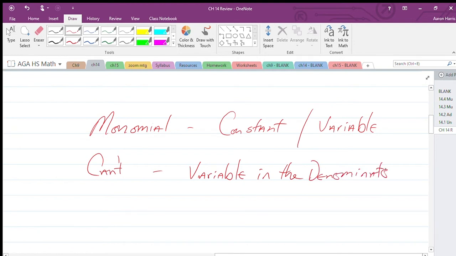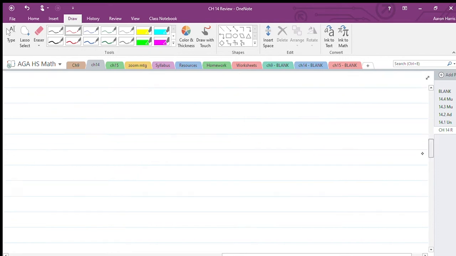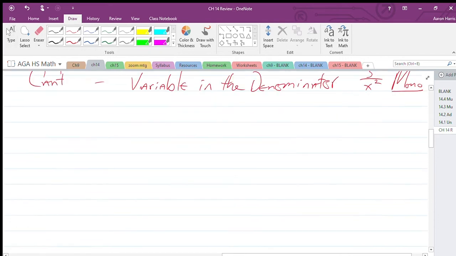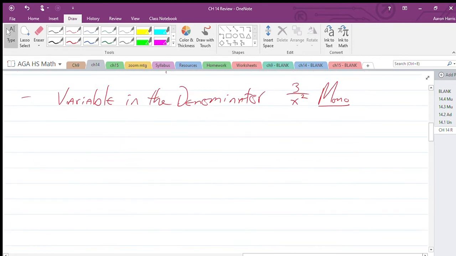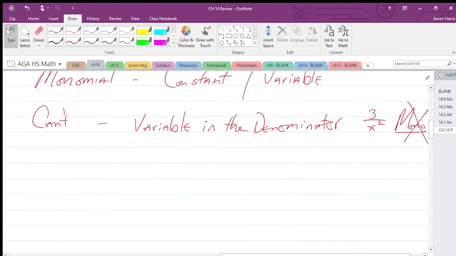So if we had, for example, 3 over x squared, this is not a monomial. Okay, just bounced on me. This is not a monomial, okay? What else can't happen? We can't have where there's a negative exponent.